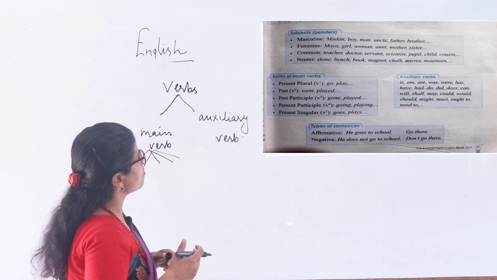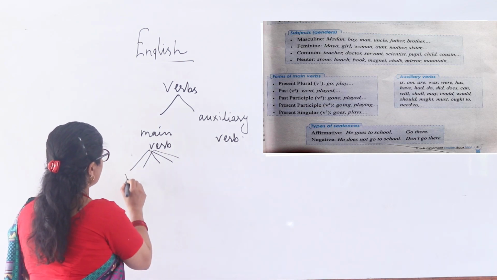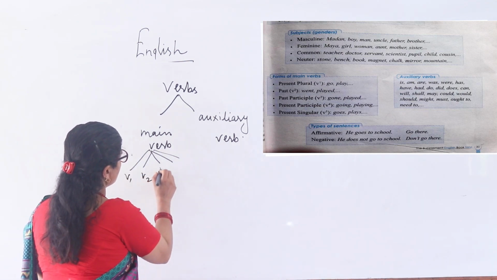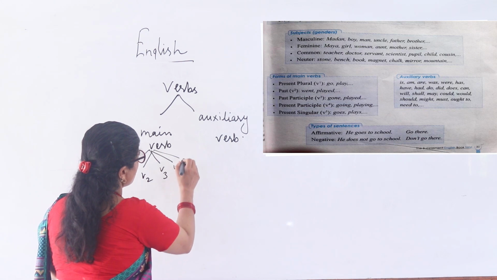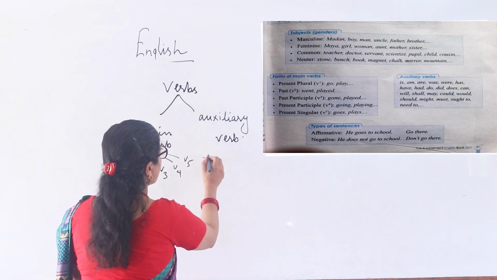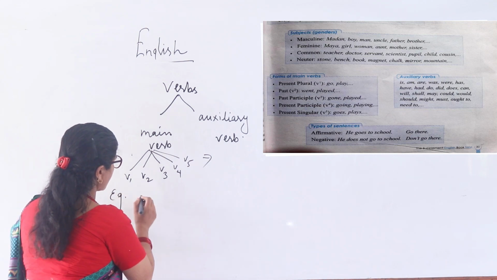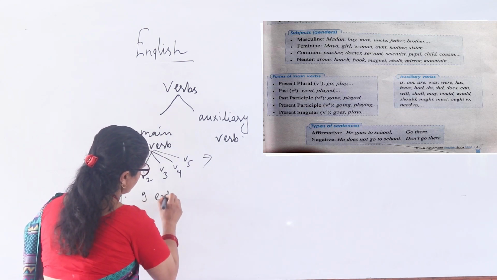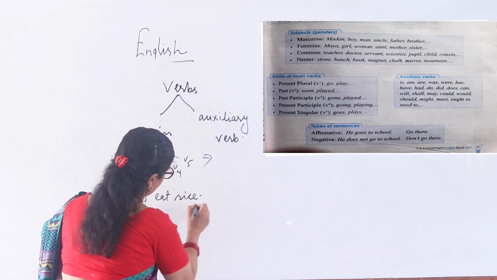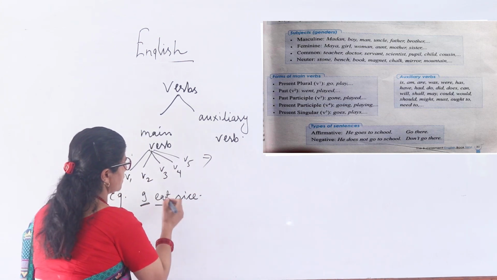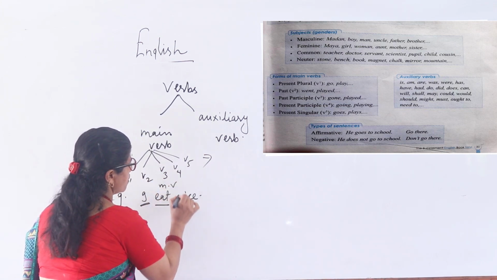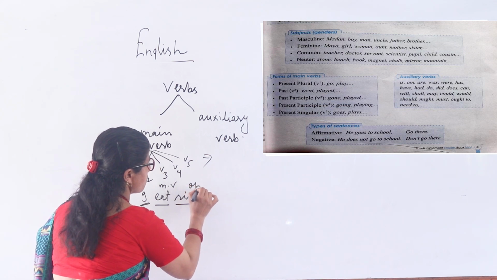In form, they are divided into B1, B2, B3, B4 and B5. And for auxiliary verbs, you can see the examples in the sentence like I eat rice. I is the subject, eat is the main verb and rice is the object here.